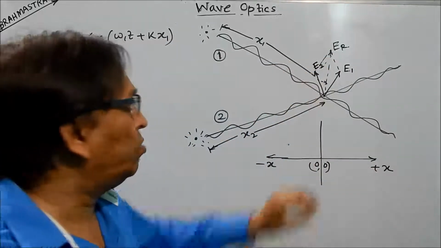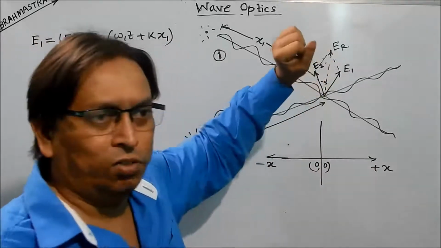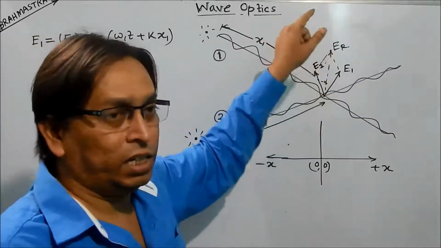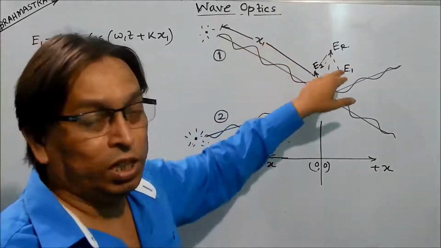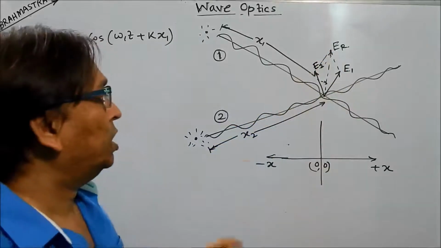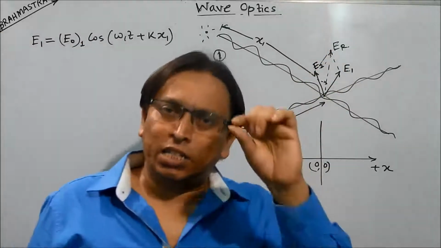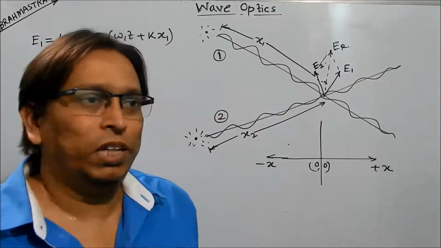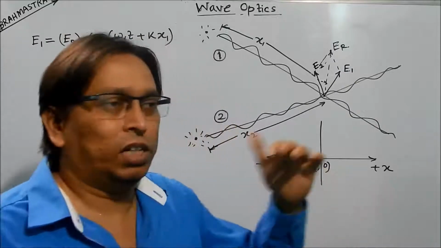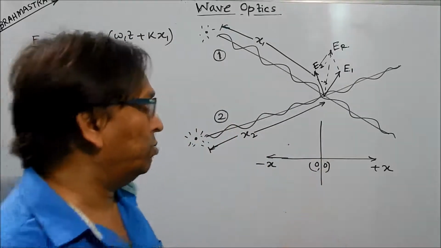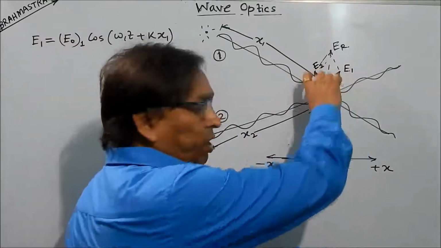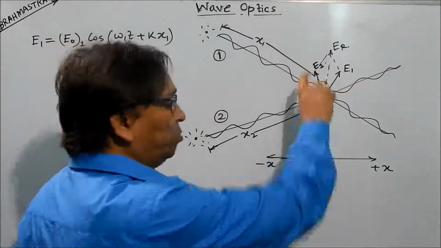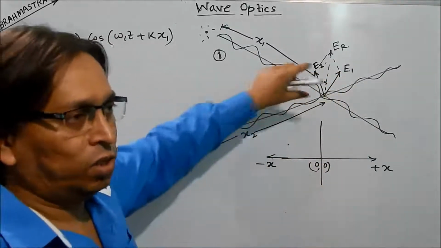At any instant, what is their magnitude? It is very difficult to find, and taking the resultant and the angle between them is very difficult. Number two, their size is extremely small. It is not like a sound wave or mechanical wave. I have drawn E1 and E2 big here, but that doesn't mean they are actually this big.